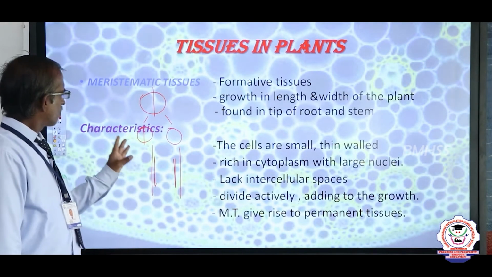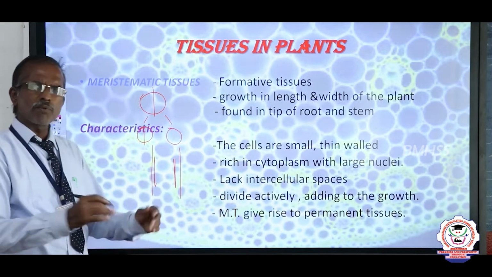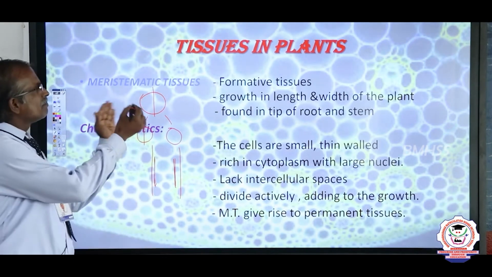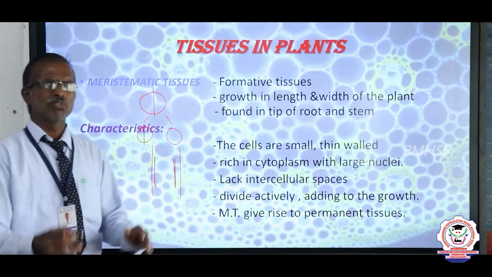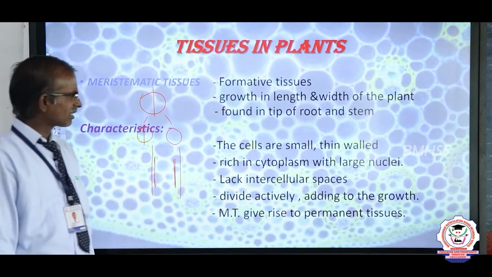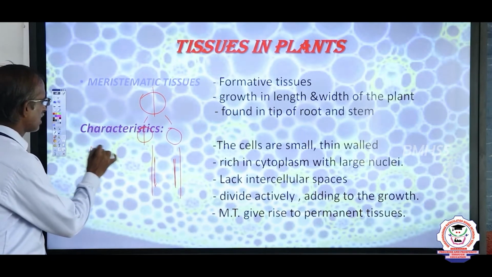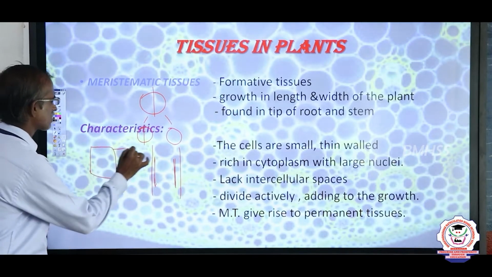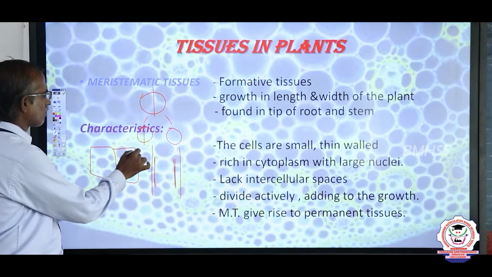What are the cells of meristematic tissues like? Meristematic tissue shows some characteristic features. First, the cells are small in size. The cells are thin walled.